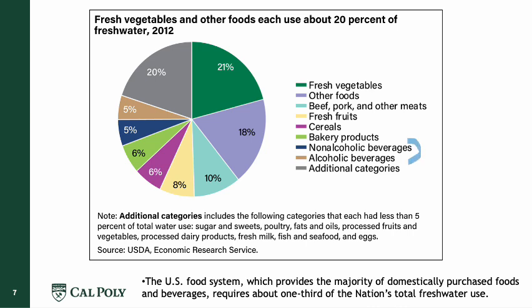We can say that around one third of the nation's fresh water is used for the production of food and beverages. In this chart we have what percentage of water is required to produce all these types of products.